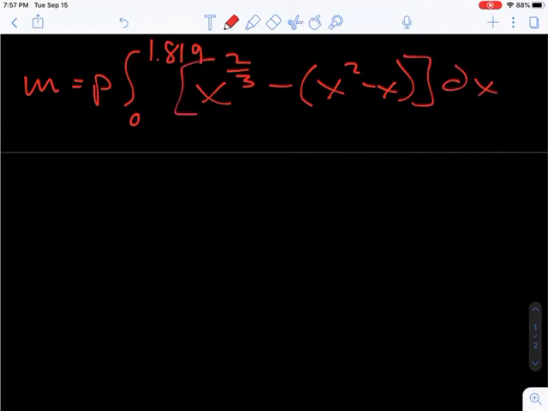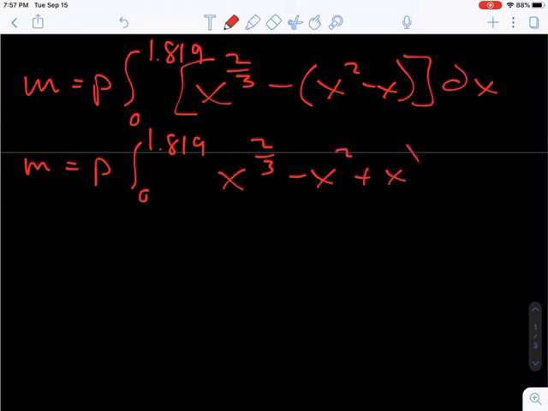And now let's simplify that a little bit: rho times the integral from 0 to 1.819 of x to the 2/3 minus x squared plus x dx. And now we can integrate.